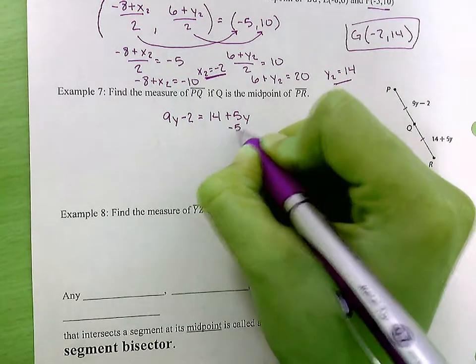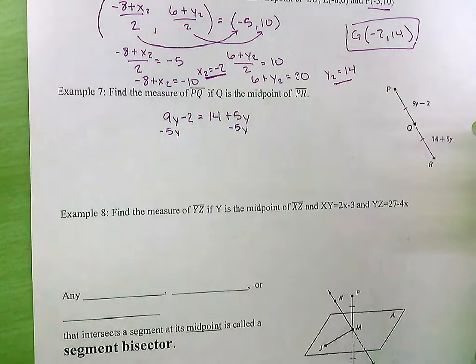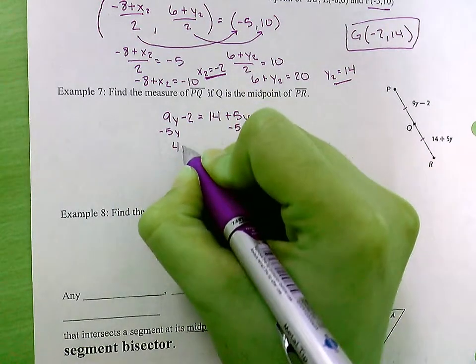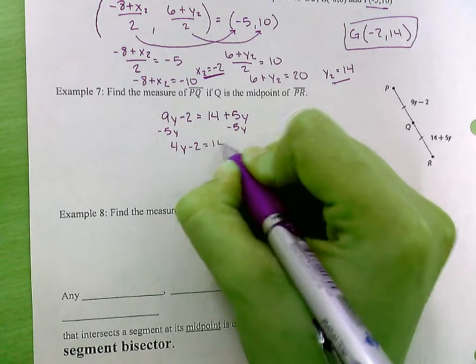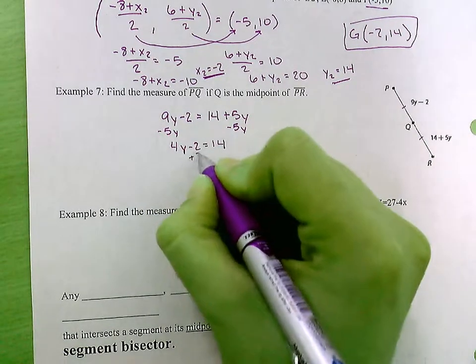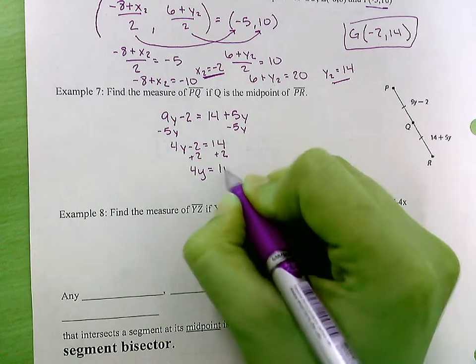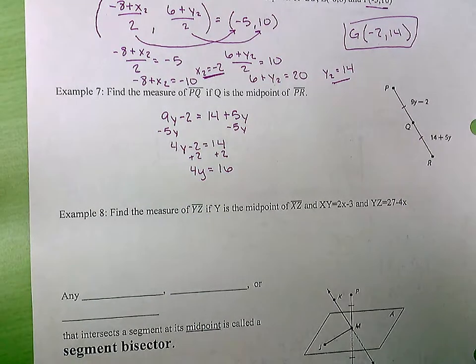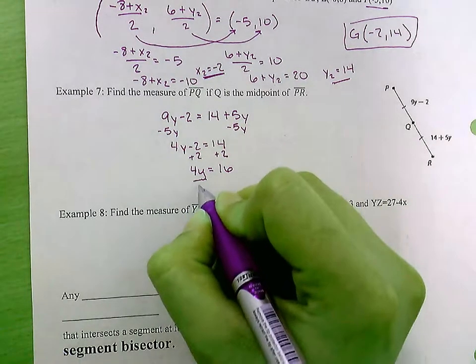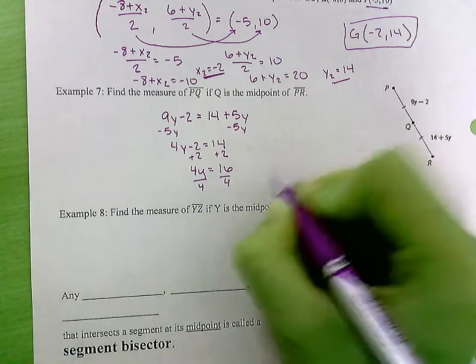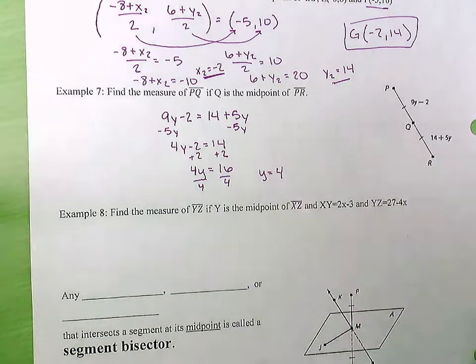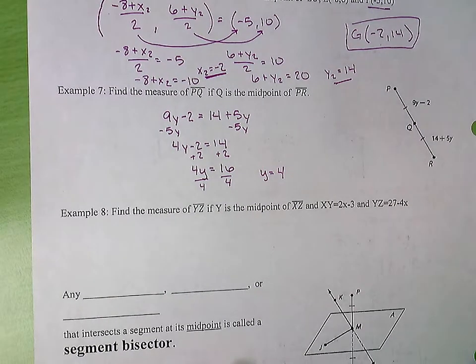I'm going to subtract 5y. So I have 4y minus 2 equals 14. Add 2. I have 4y equals 16. Divide by 4. And y equals 4.